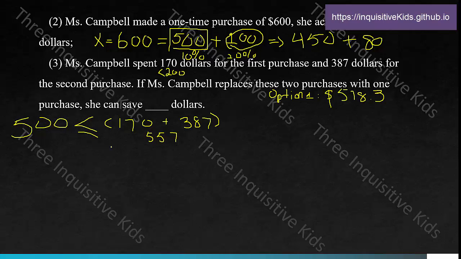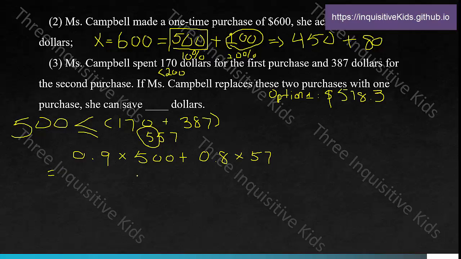Let's go ahead. The first 500 of 557 is going to be given a 10% discount. So that would be 90% of 500, so let me write this down, 0.9 times 500 plus 0.8 times 57. There's a 20% discount on the amount left, which is $57.